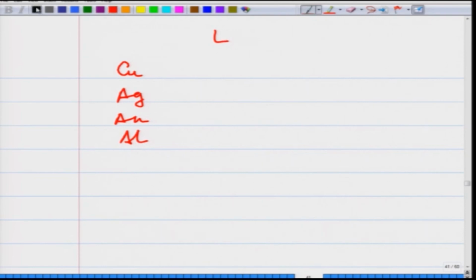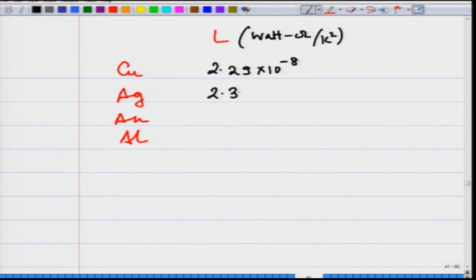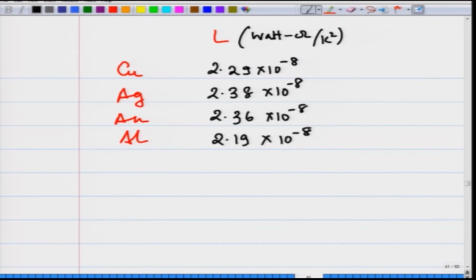The value of L that you get for copper is 2.29 into 10 to the power of minus 8. The units are watt ohm per Kelvin square. Then 2.38 into 10 to the power of minus 8, 2.36 into 10 to the power of minus 8, 2.19 into 10 to the power of minus 8.